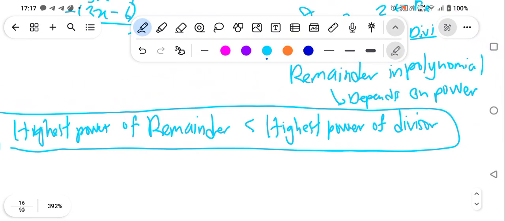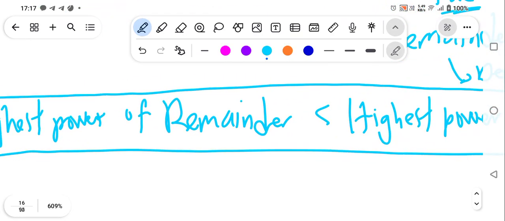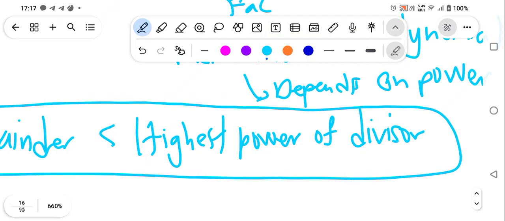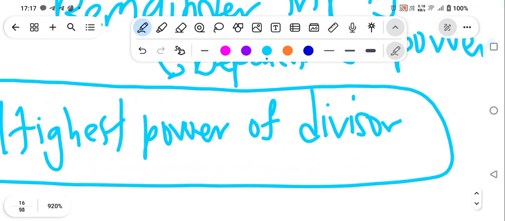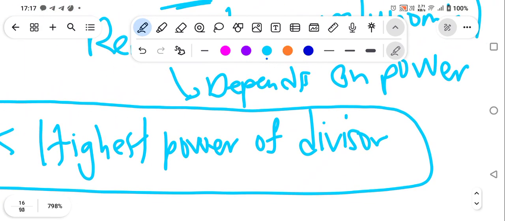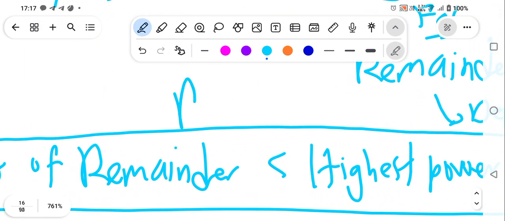If you divide and keep dividing until it is less than the highest power of the divisor, then this is a remainder.